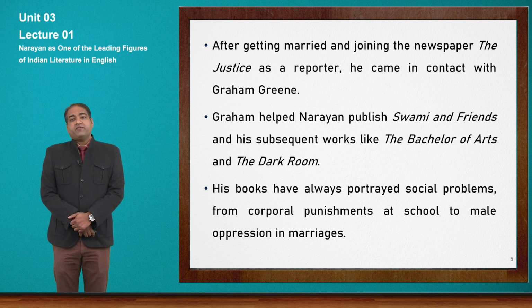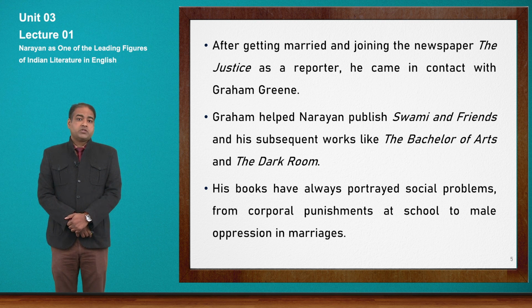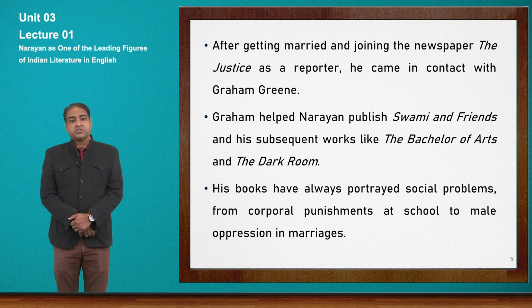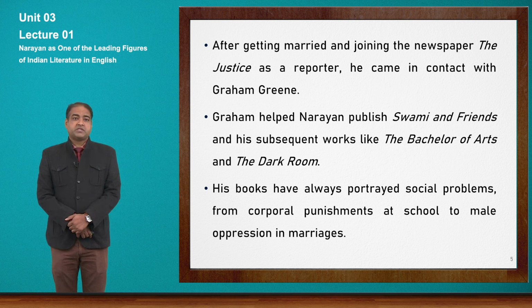So you can understand, friends, that R.K. Narayan was again a versatile personality. He was a journalist, a reporter, a creative writer, and many other characteristics were there in his personality.